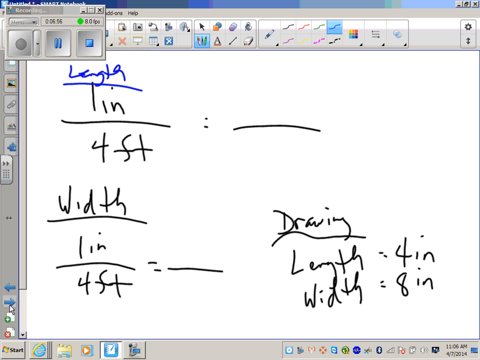All right, so to find the actual length, I'm going to set up our first ratio, which is our scale, 1 inch to 4 feet. Now for the length on the drawing, what measurement is given? Are we given the inch measurement or the feet measurement? Inch. So where am I going to put it? At the top or at the bottom? Why top?